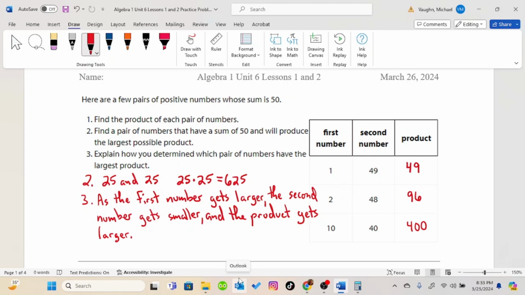After we reach the midway point, 25 times 25, we just begin repeating the same numbers in their opposite order, and their products begin to decline.